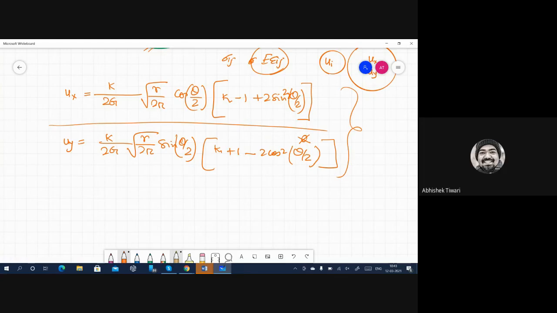Now what to do with these two equations? Small kappa is equal to 3 minus 4 into Poisson's ratio. This is not a very complicated parameter. It just comes up in two equations, so you shorten it by writing kappa. G is the shear modulus, and everything else you know. So how will you model it?